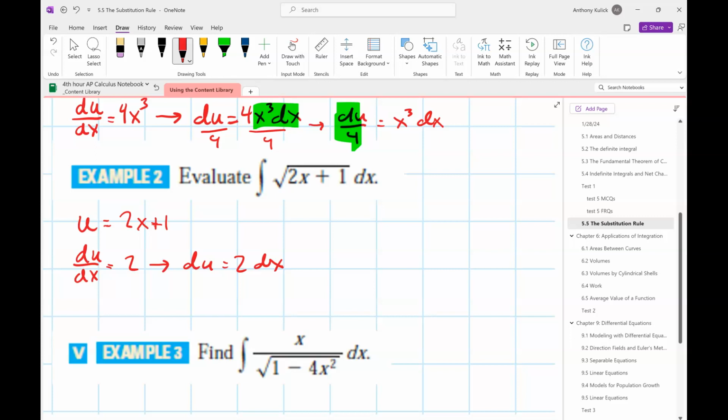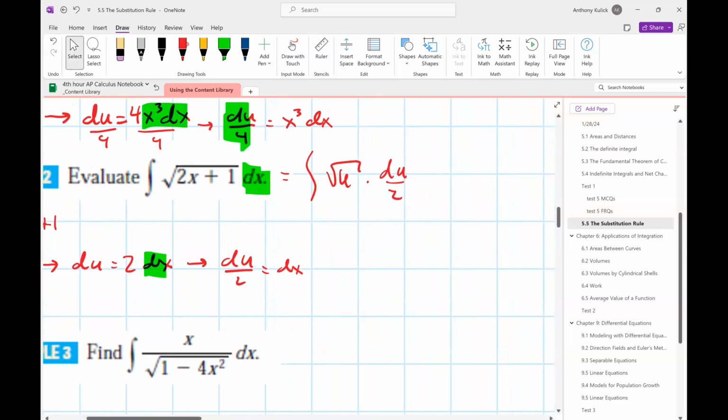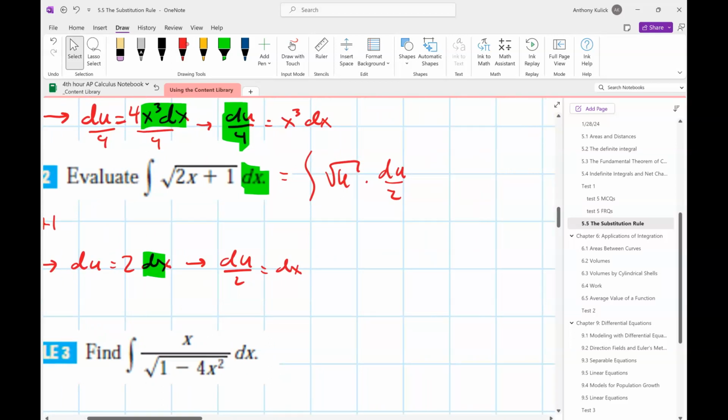What do I need to do, though? Divide by 2, because all I have is a dx, not a 2 dx.